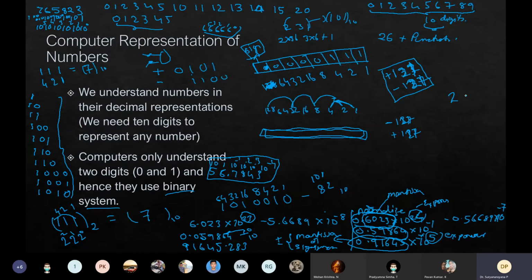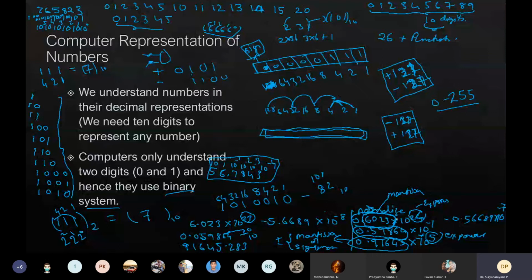Okay, 127, and then the number goes from 0 to 255. If it is an unsigned integer, you can store 0 to 255. If it is a signed integer, then you can store from negative 127 to positive 127. Okay, so this is the story there. Integers are easy, that's all you have to know.